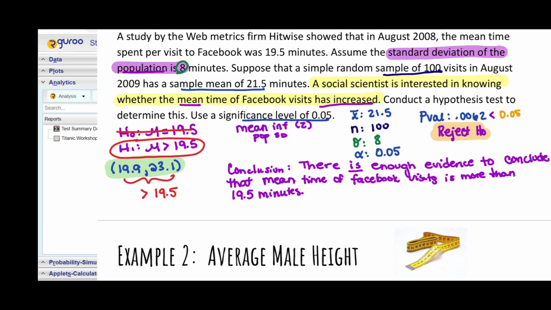So that means we've estimated the true mean to be greater than 19.5, which is the same thing as what the conclusion states. So it agrees. Again, because the entire confidence interval is greater than 19.5.